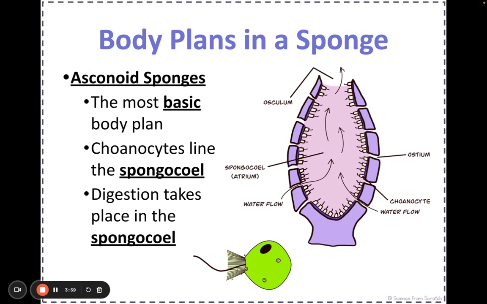It is a simple tube shape. These sponges are smaller in size because their thin outer layers break easily, and for one other reason that we will discuss on a further slide. So just remember, wherever the choanocytes are, that's where digestion is going to be. The choanocytes are in different locations for each sponge body plan that we are going to look at.